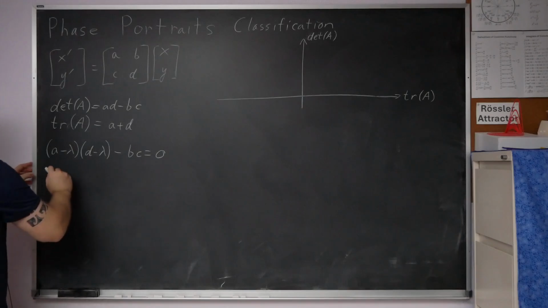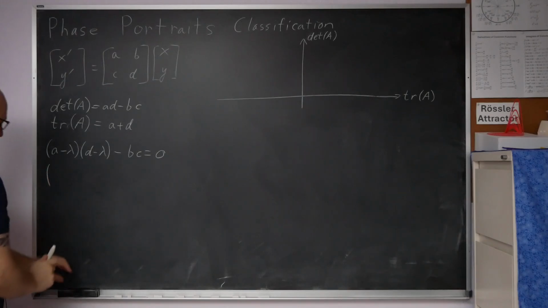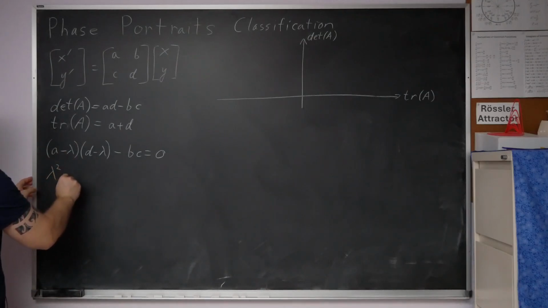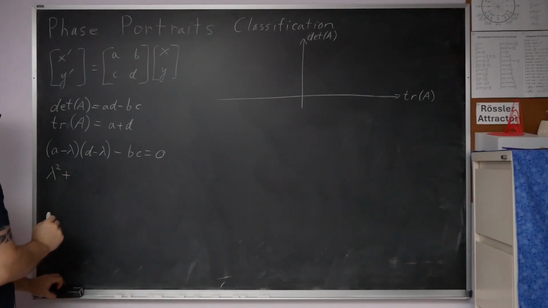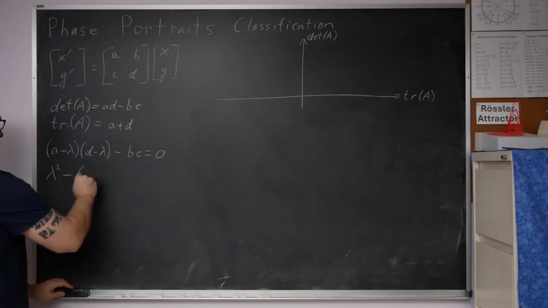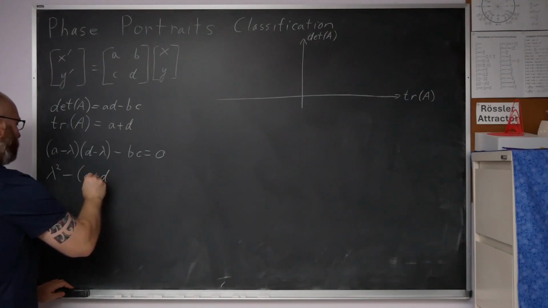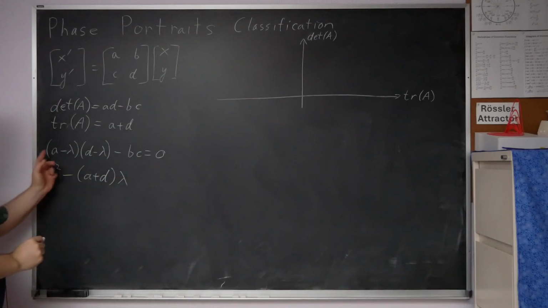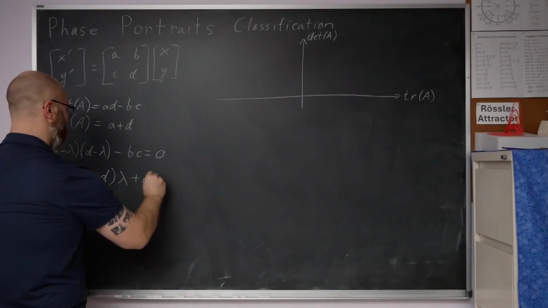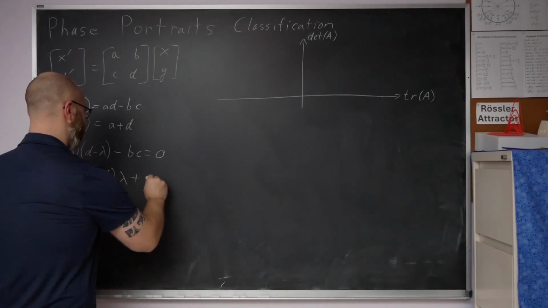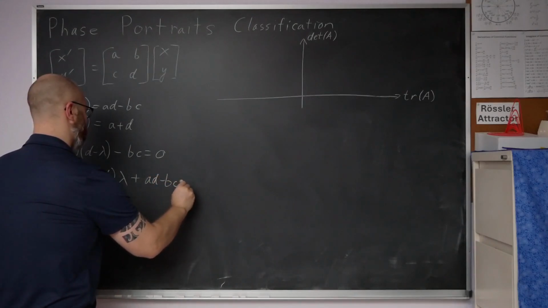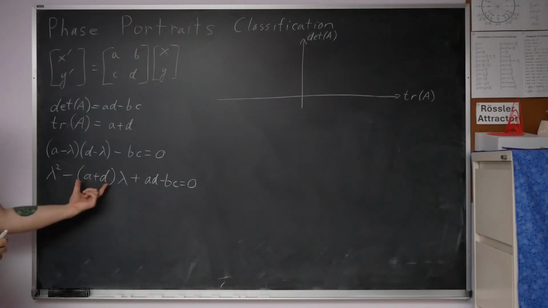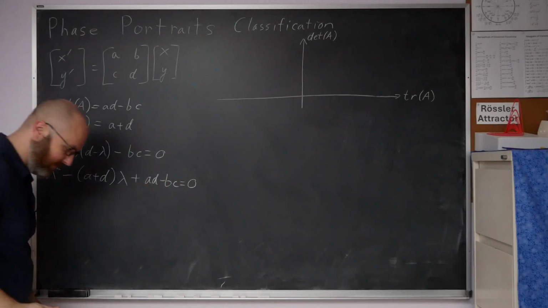If you multiply that out, you end up with lambda squared minus A plus D times lambda plus AD minus BC equals 0. Well, that's kind of nice because the trace is occurring right here, and there's the determinant.